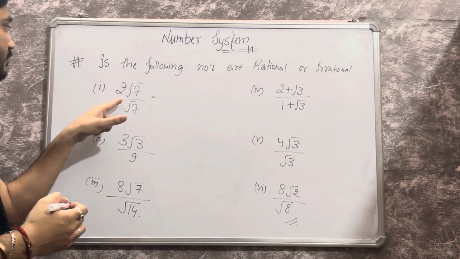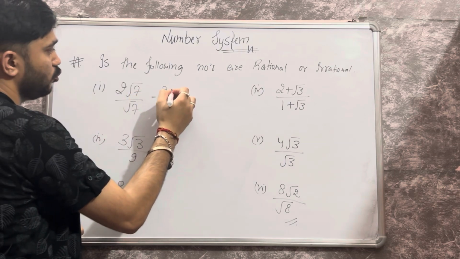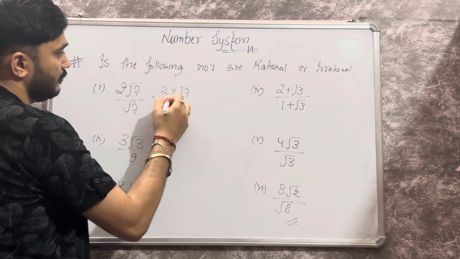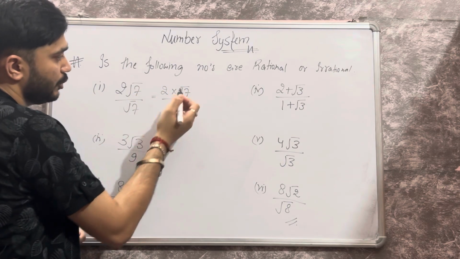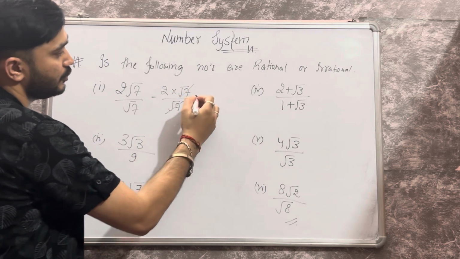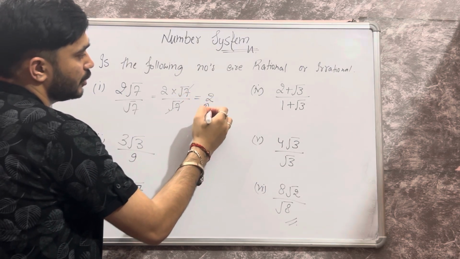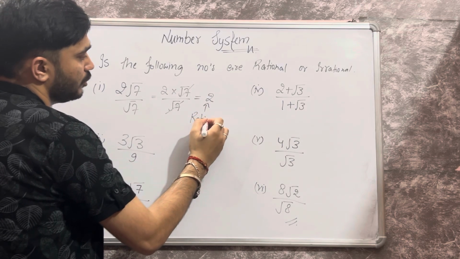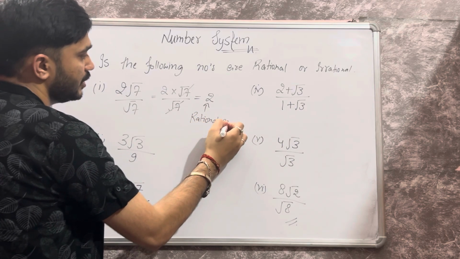Here we can see that it is 2 multiplied by under root 7 divided by under root 7. You can simply cut off under root 7 of numerator by denominator. You will get the answer 2 here. So we already know that 2 is a rational number.